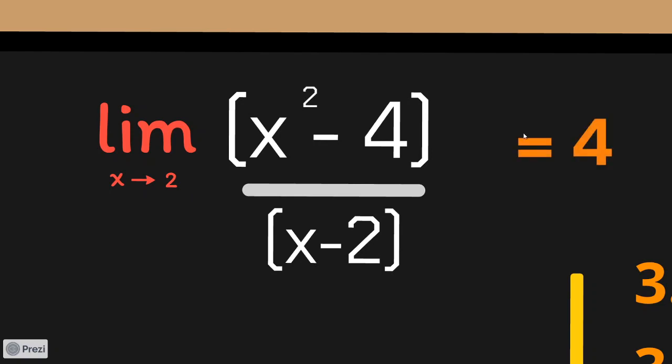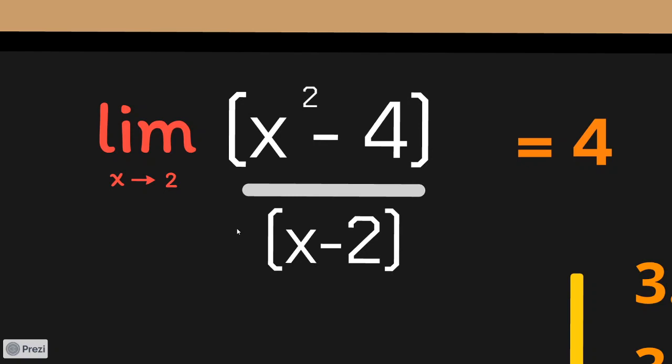Now what does it mean? Lim is the short form for limit. So when I limit x to 2, limiting x approaches 2, the whole value becomes 4. When x is equal to 2, guys, please listen to this carefully. When x is equal to 2, there is no answer.